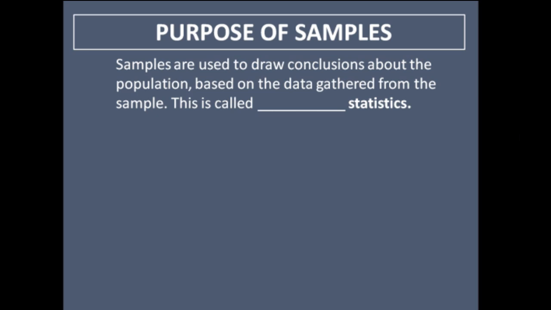There are 2 types of statistics. One where we simply gather data, crunch some numbers, and organize it in a meaningful way, known as descriptive statistics. And this type of statistics, where we're making conclusions about a large population, is known as inferential statistics.